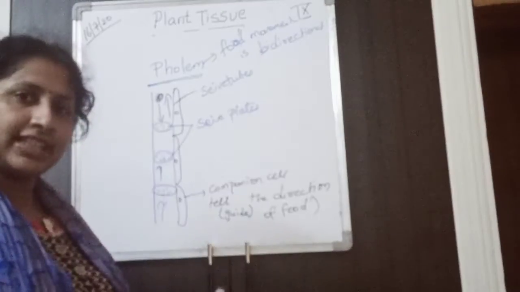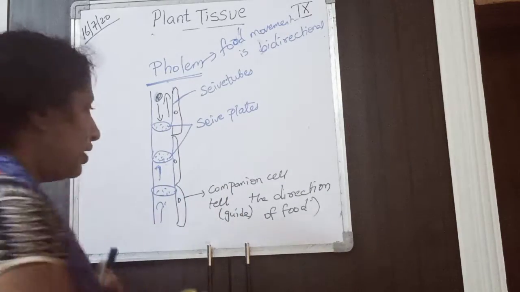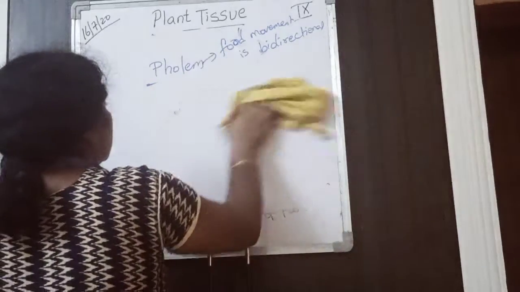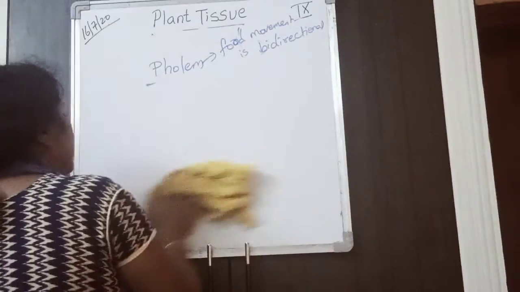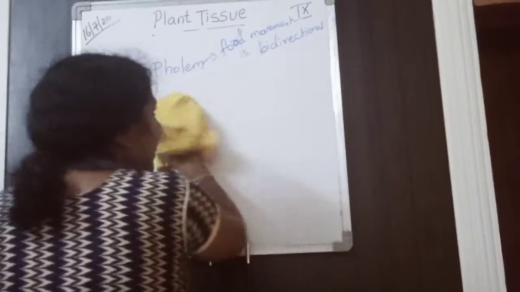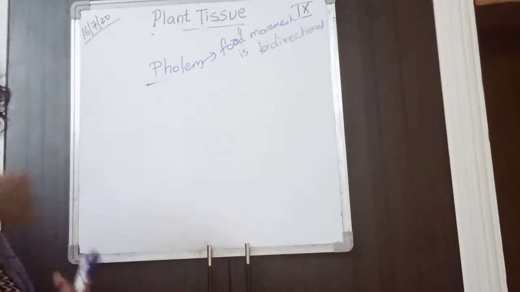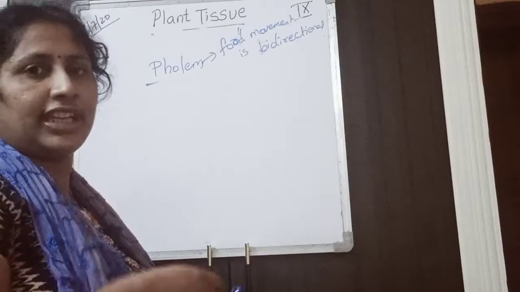Here companion cells help to direct the food in both directions. But there, xylem vessels and xylem tracheids are dead cells, so they can't tell water to move in this direction or that direction. That's why water moves in one direction only, that is unidirectional.